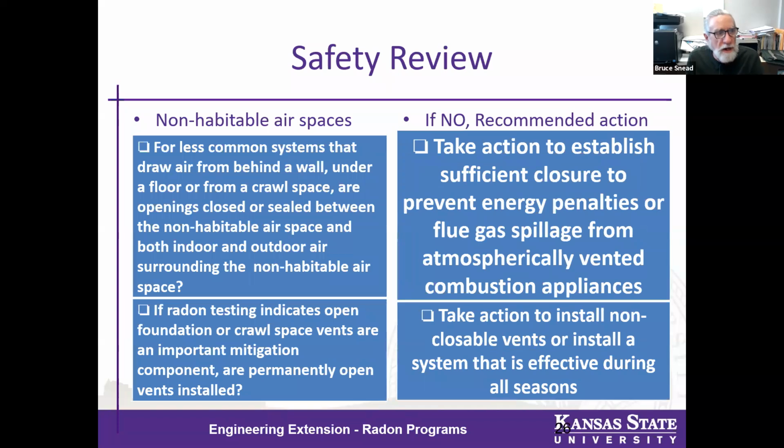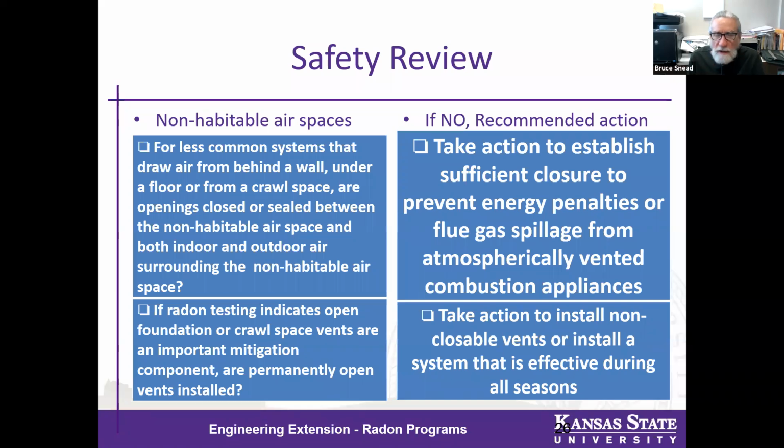For non-habitable air spaces, common systems that draw air from behind a wall, from under a floor, from a crawl space, are openings to those spaces or zones closed or sealed to minimize the draw of air from indoor air or habitable spaces?